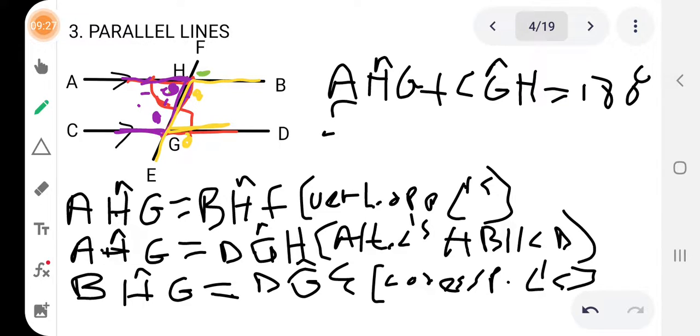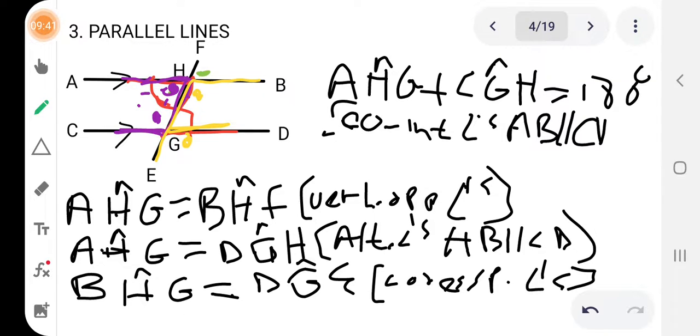Therefore, your reason: co-interior angles. So the reason is AB is parallel to CD. Okay, that's going to be your reason.